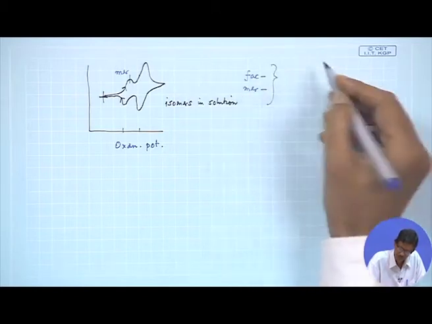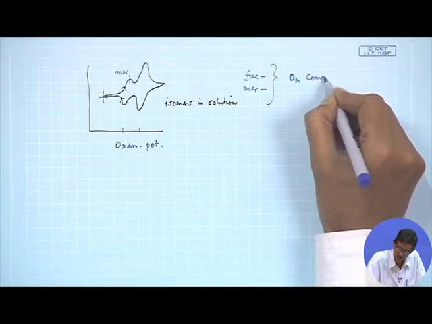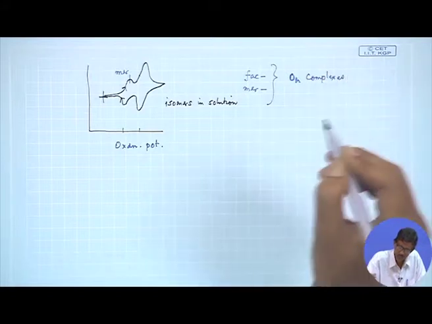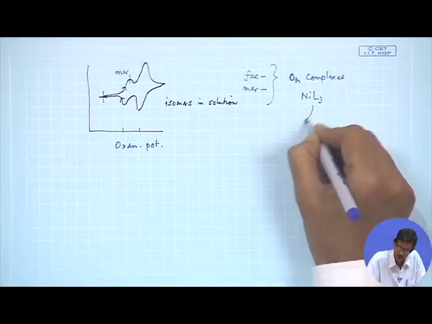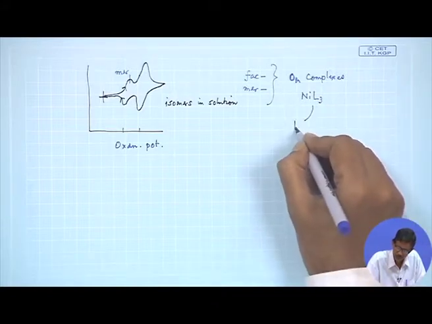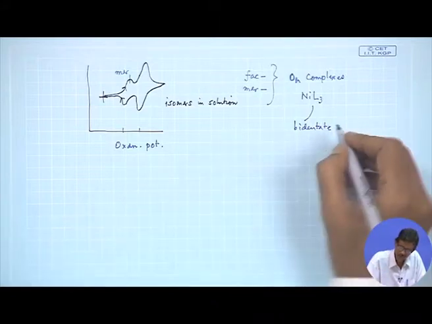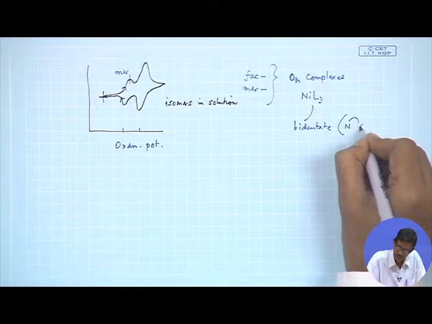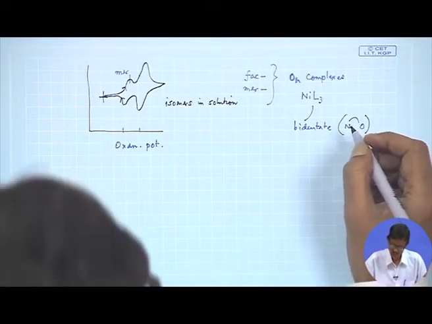In a medium these are all octahedral complexes, because we get these two isomers in some NiL3 type complexes, where L is a bidentate ligand with two different donor atoms like nitrogen and oxygen.